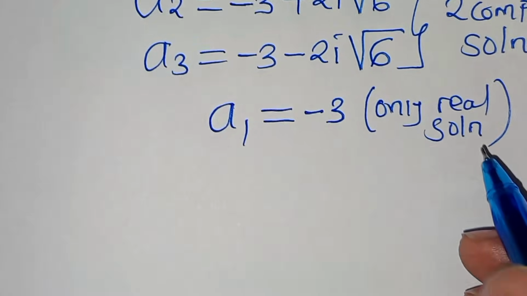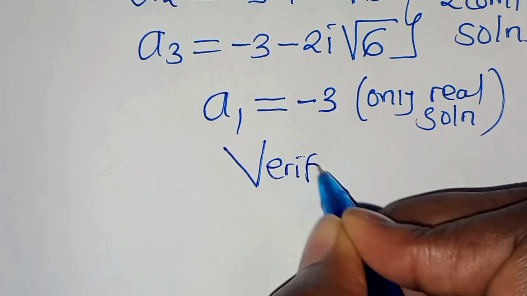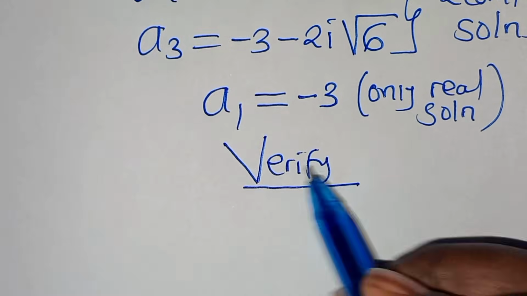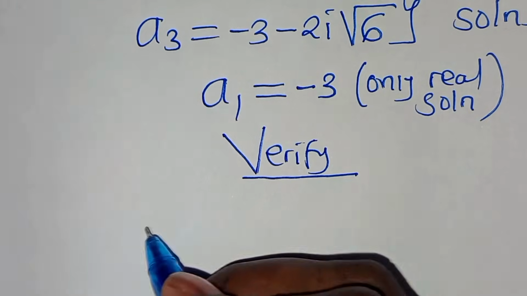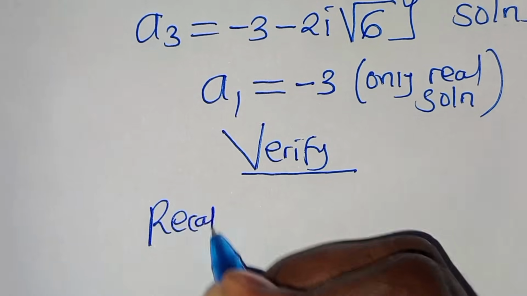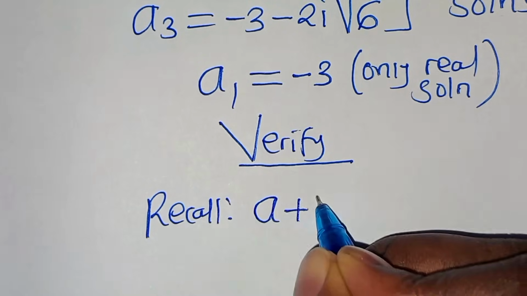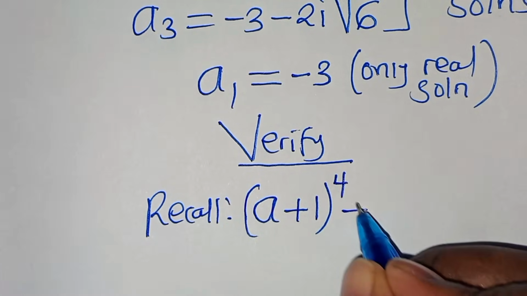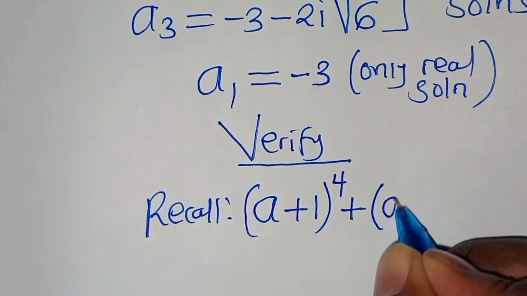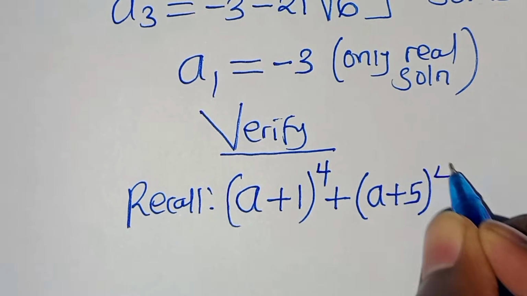Now, the next step is to verify. So let's verify that a1, which is minus 3, satisfies the equation. Now, if you recall, we have a plus 1 raised to the power of 4, then plus a plus 5 raised to the power of 4.